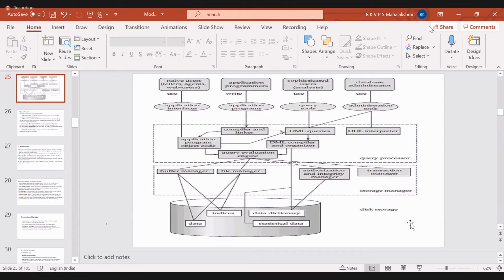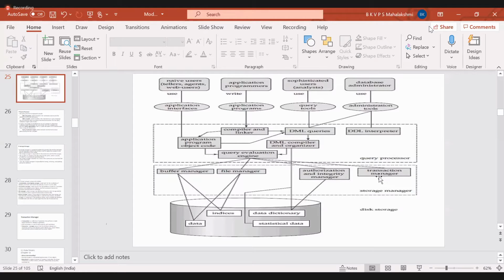In the abstraction levels of DBMS, we know that we have 3 levels: physical level, logical level, and external level. As like that, we have some levels here also. We have the disk storage to store the data, and then the storage manager used to manage the data. The transaction manager controls whether transactions were correctly executed and whether the data is in a consistent state or not.